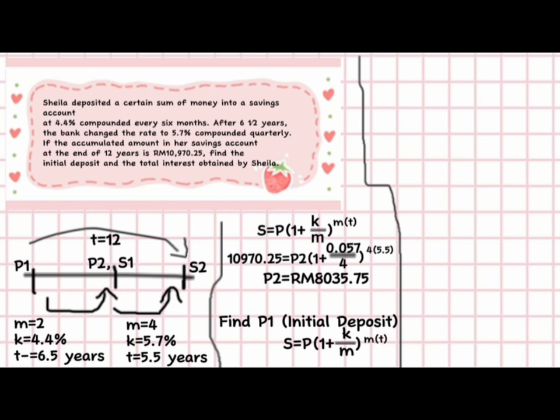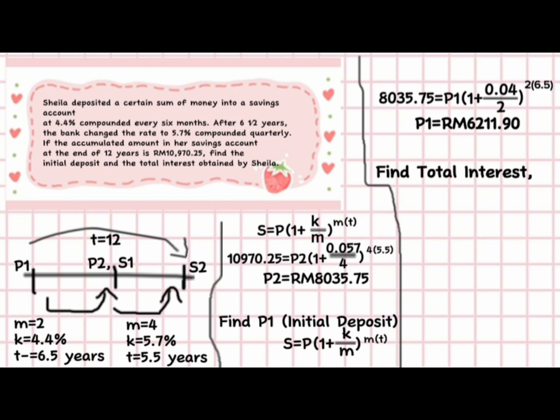Replace the S with 8,035.75 since S1 equals P2, equals P1 bracket 1 plus 0.04 over 2 bracket power of 2 times 6.5. The answer of P1 is 6,211.90 ringgit.